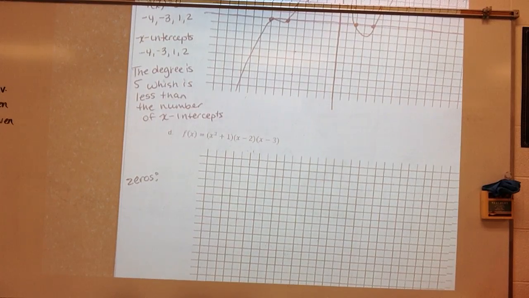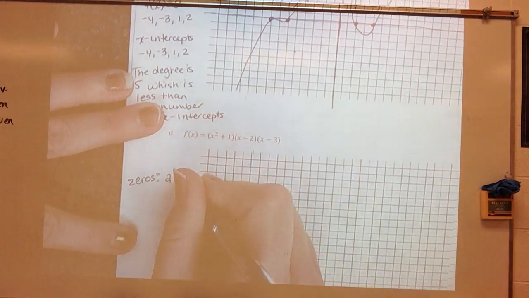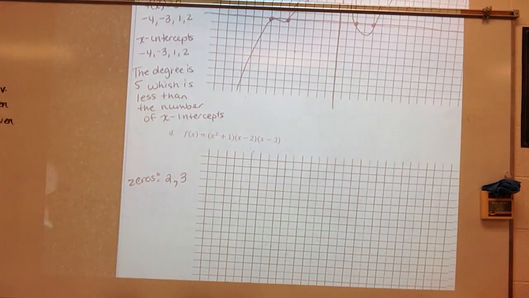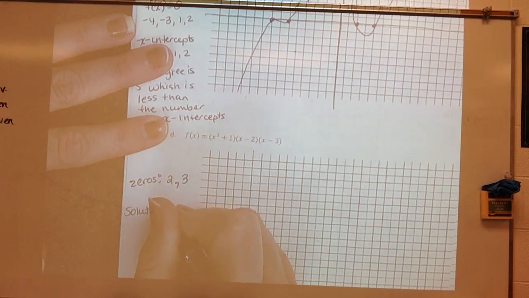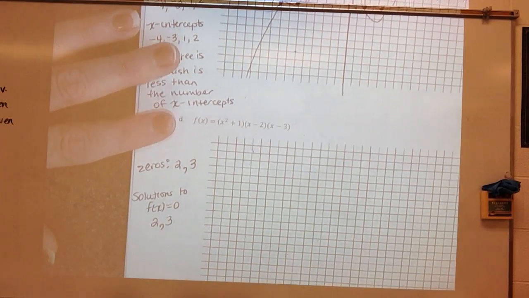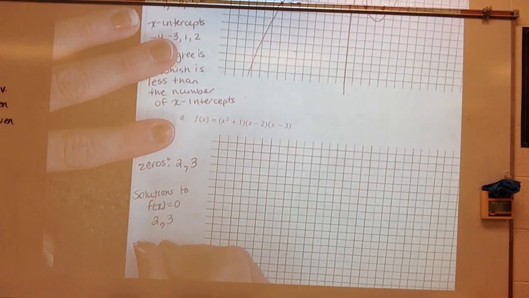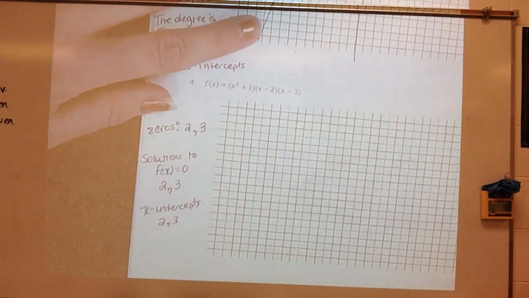So then I have x minus 2, which would be 2, and x minus 3, which would be 3. All right, so my solutions to f of x is equal to 0 would be 2 and 3. My x-intercepts would be 2 and 3.